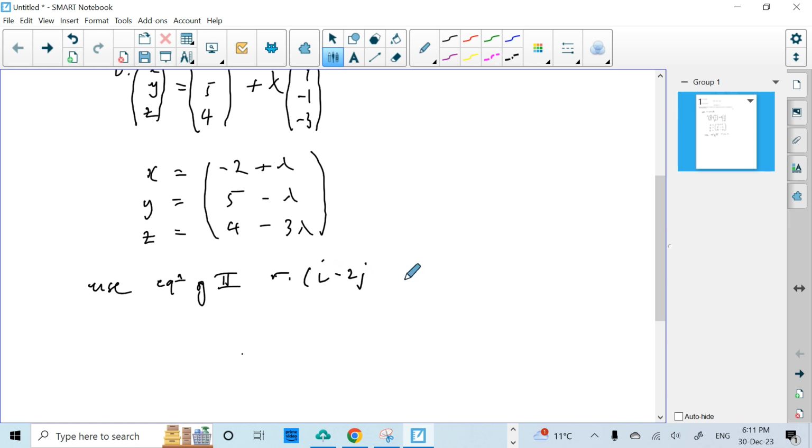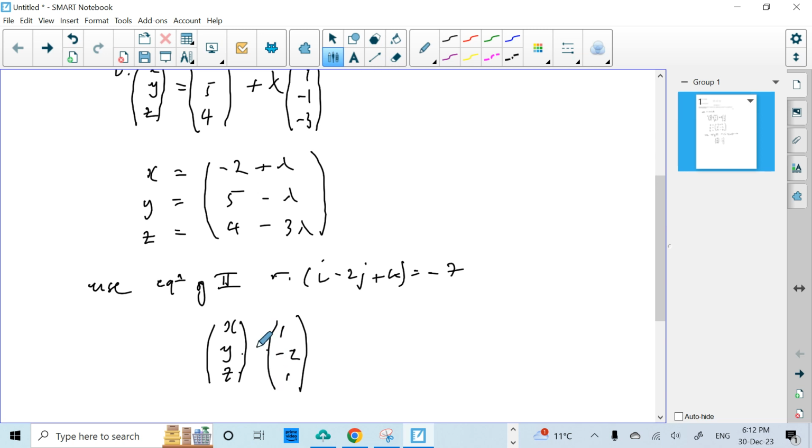I need to put that in vector form, so x, y, and z, and because we are going to do a dot here, and of course the coefficients of i, minus 2 and 1, so the coefficient of i is 1, and then we've got minus 2 and 1, so there you have it.